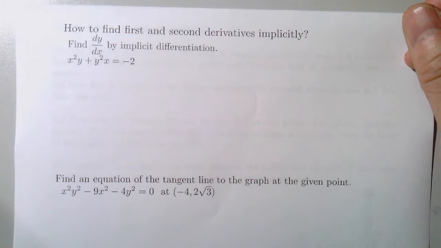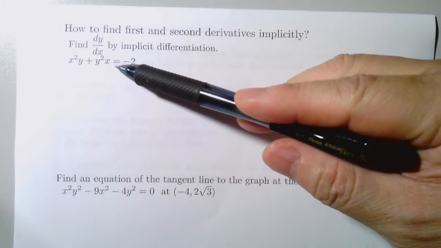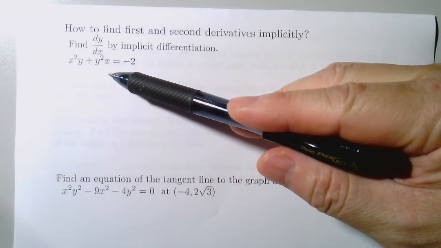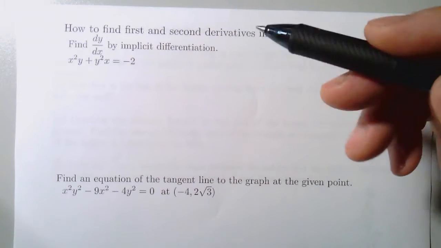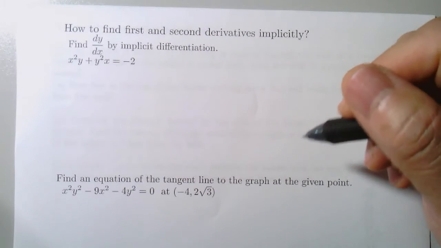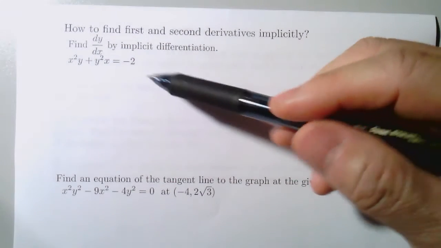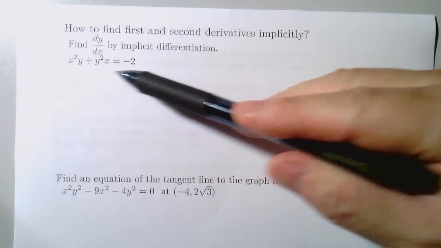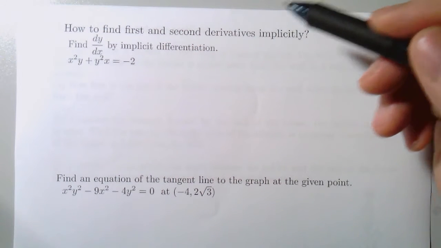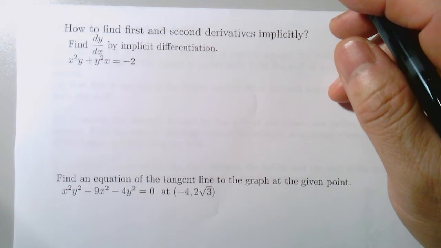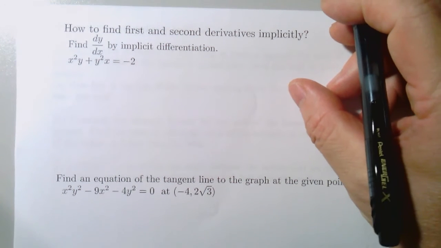For example, if you have an equation like this and you try to solve for y in terms of x, which means finding the derivative explicitly, it's going to be very difficult because it's hard to find y in terms of x there. That's the reason we try to find the derivative implicitly. Okay, let's take a look at how we're going to do it.